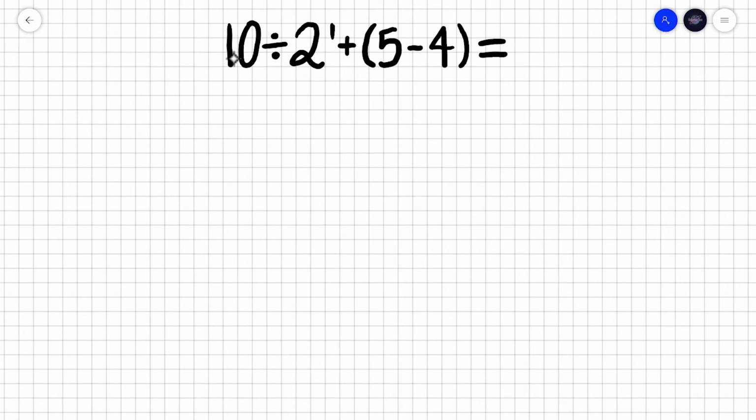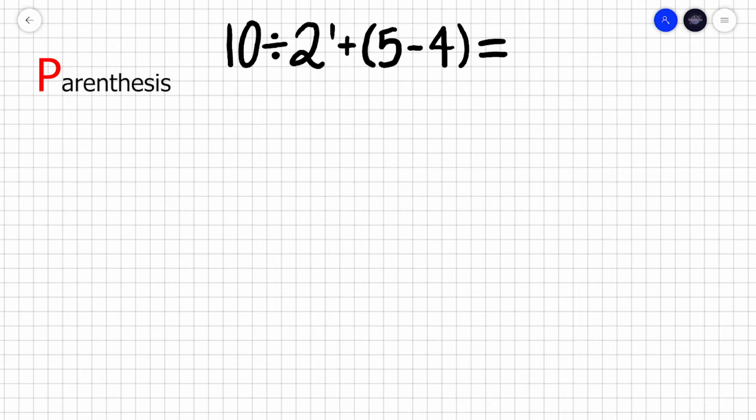This is 10 divided by 2 to the first power plus 5 (5 minus 4). So here what you would do, once again, you have to always do anything within the parentheses first, no exception.